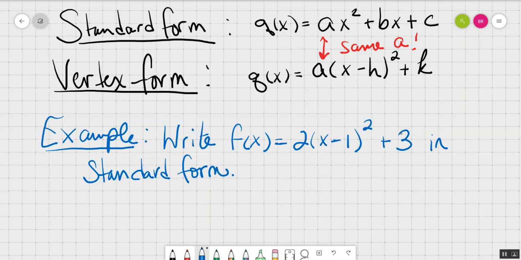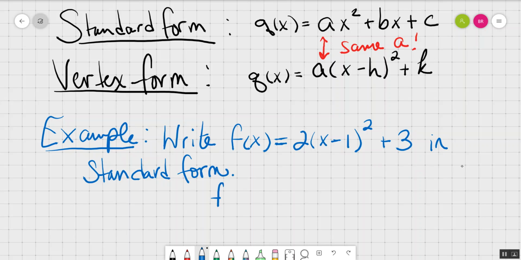You'll notice the positioning exactly matches this whole Q of x. I've got the value of a as 2, my h is 1, and my k is 3. I'm going to write it in standard form to show you these are the same equation, just written slightly differently.